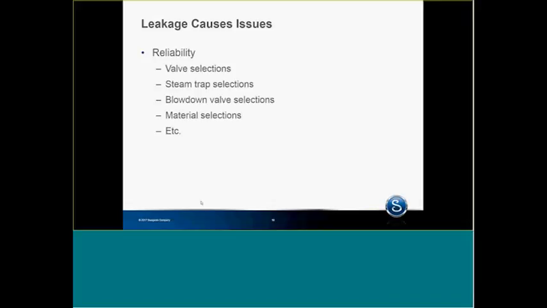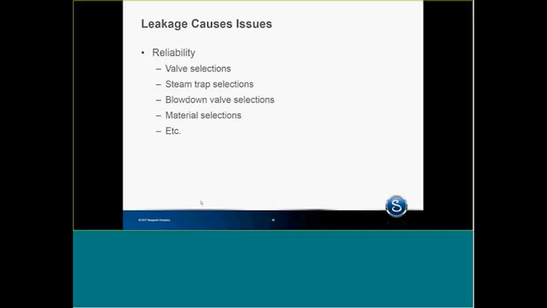Same thing with steam trap selections, leakage through the bonnet or the side of the steam trap. Again, we have two things, code and reliability. Steam traps, minimum 15 years of operation, anything below 300 psi.